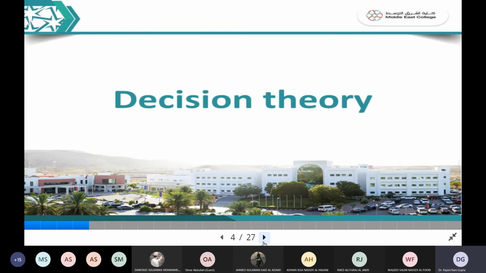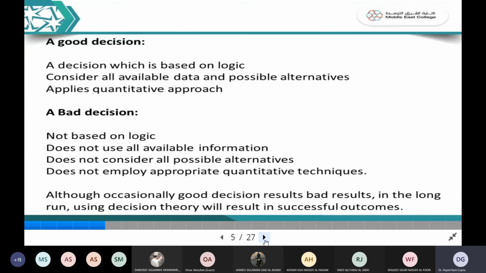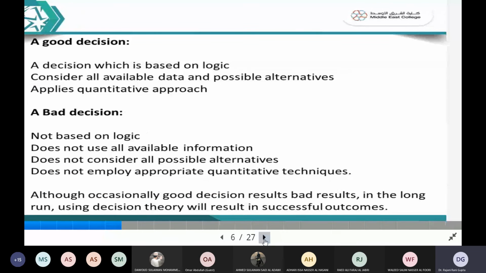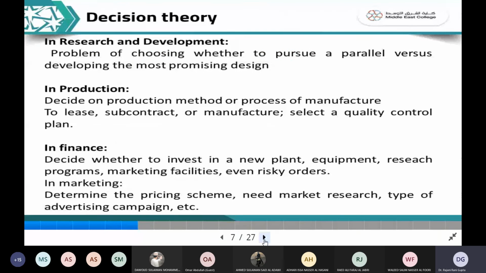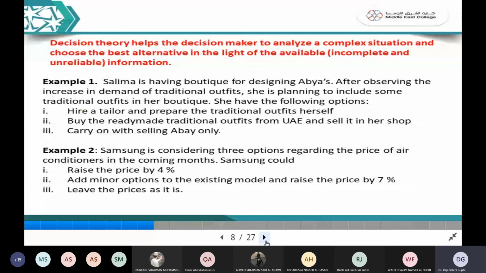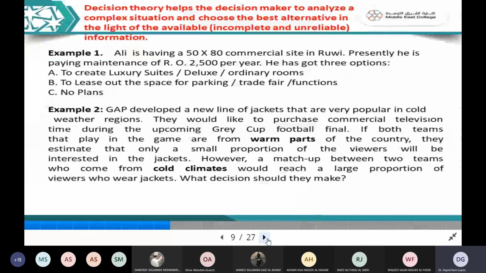Here it explains what a good decision is, what a bad decision is, then what decision theory is, how it is defined in different fields, and here are some examples. This topic depends more on your understanding, how well you understand, so I want you to go through this.